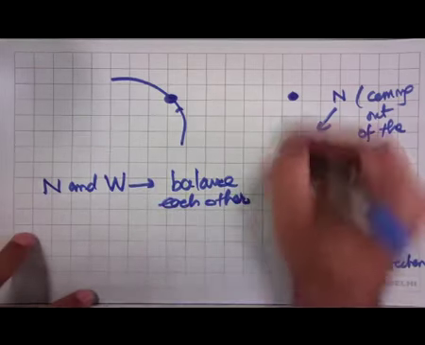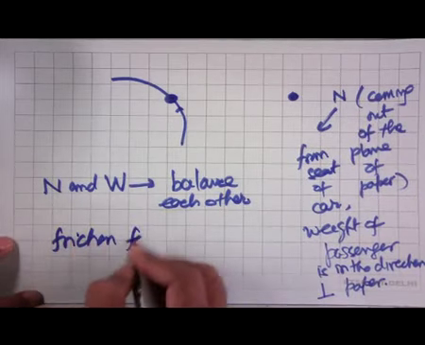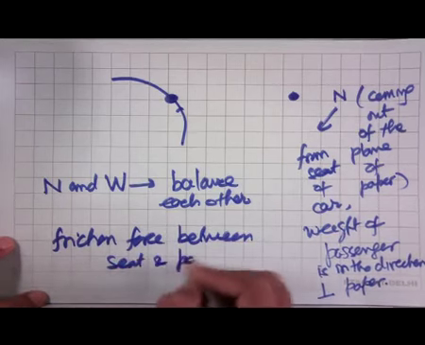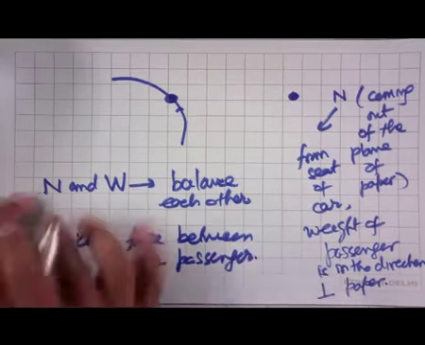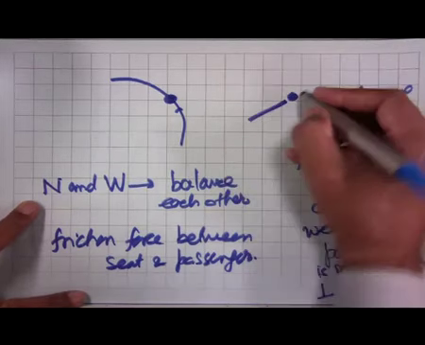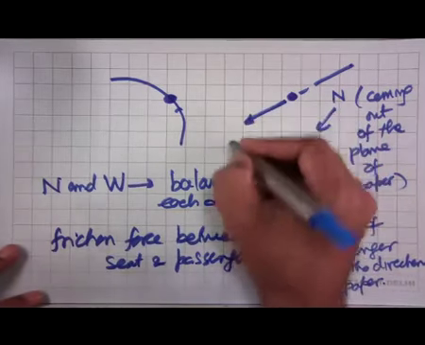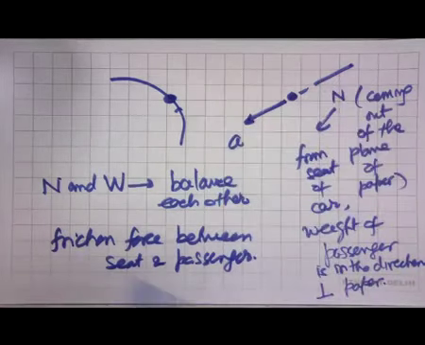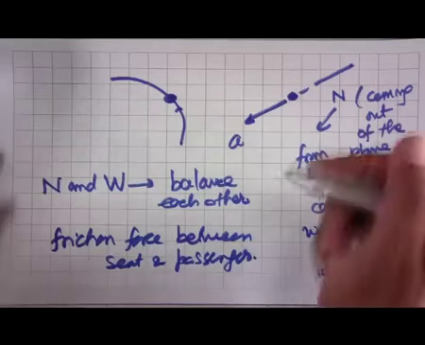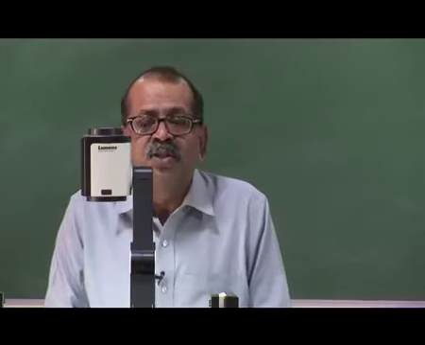Now, on this particle, what we also find is that there should be a friction force between the seat and the passenger. This friction force is perpendicular to n, and in this case the acceleration is toward the center, and this has to be provided by the friction force alone. There is a friction force acting on the passenger, and that is what causes this acceleration.